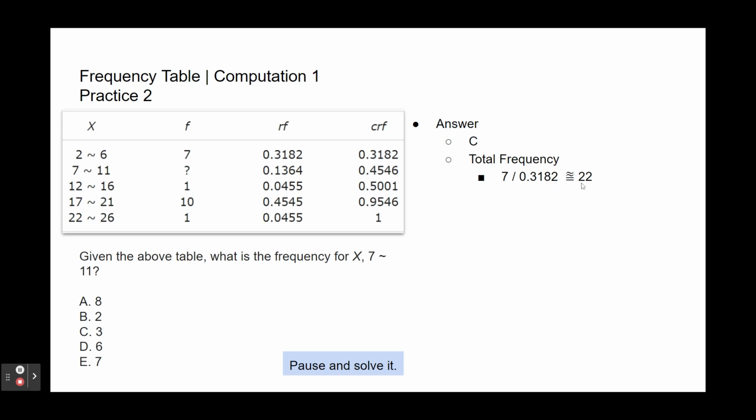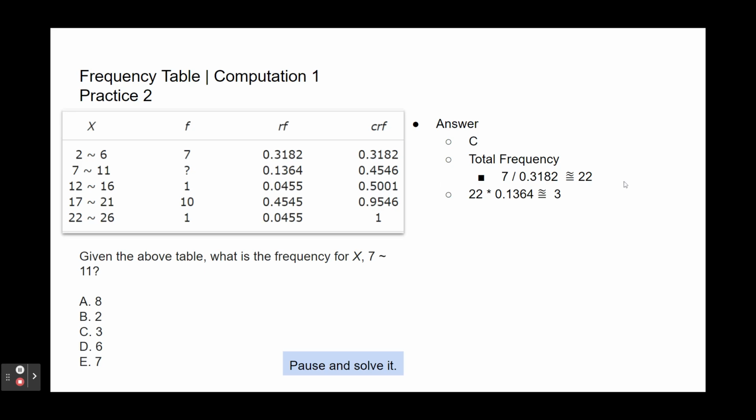So the first step is to calculate the total frequency. Now we know the total frequency, so the frequency divided by total frequency gives the relative frequency. That's why the total frequency multiplied by the relative frequency gives the frequency.